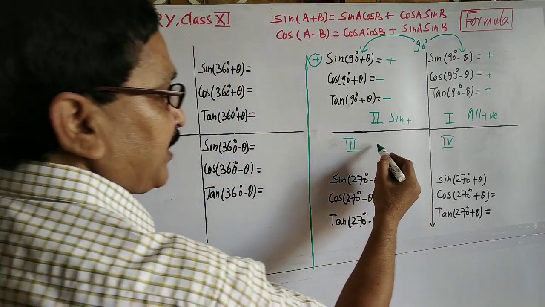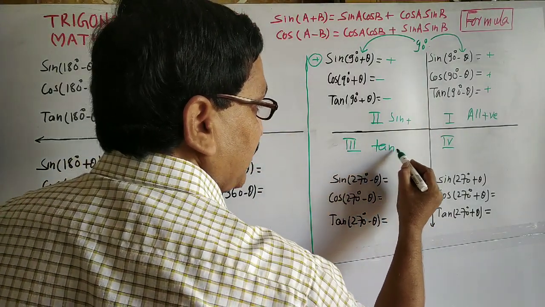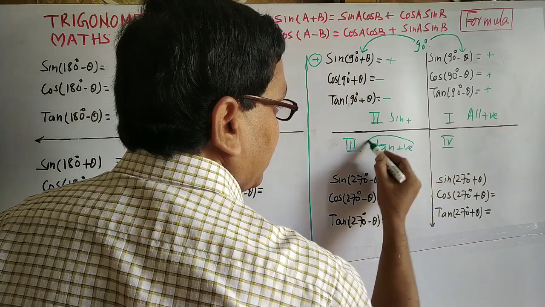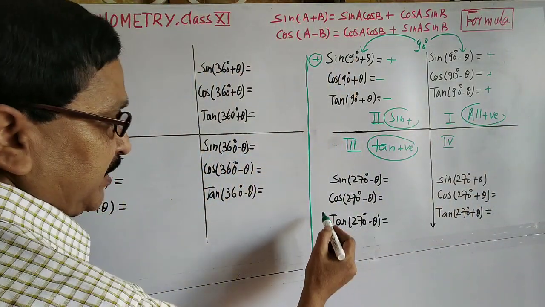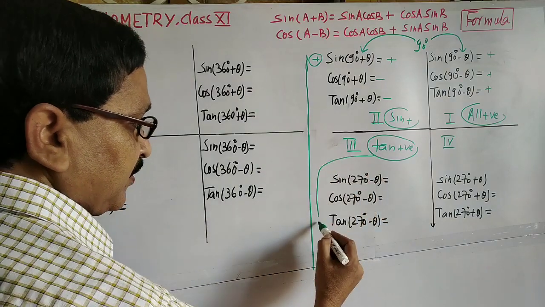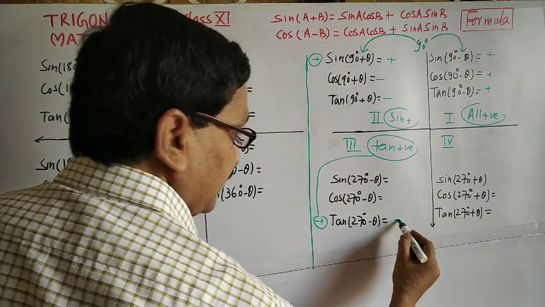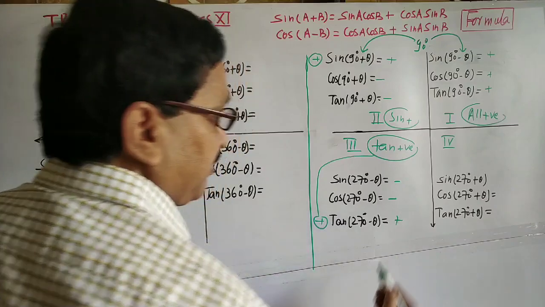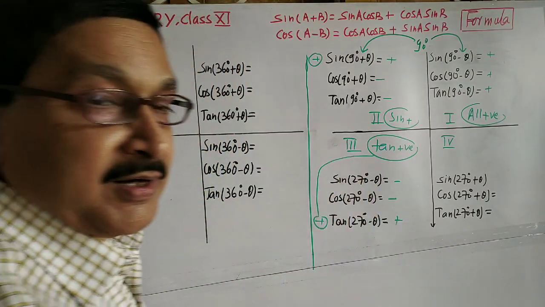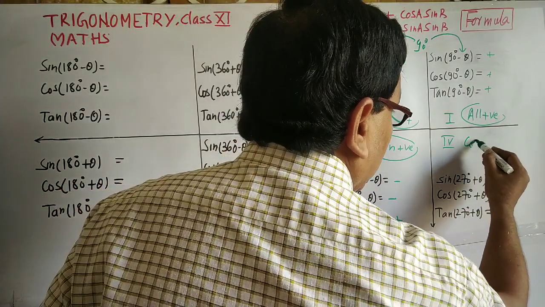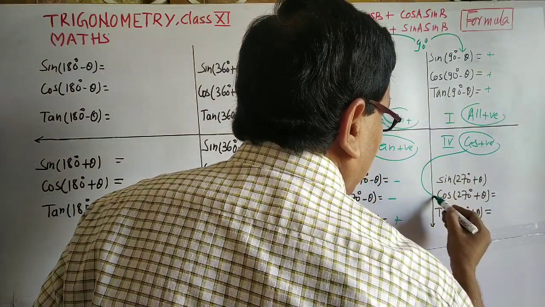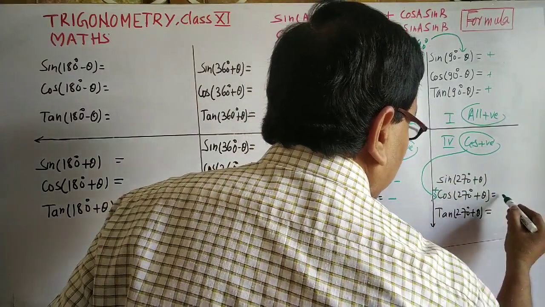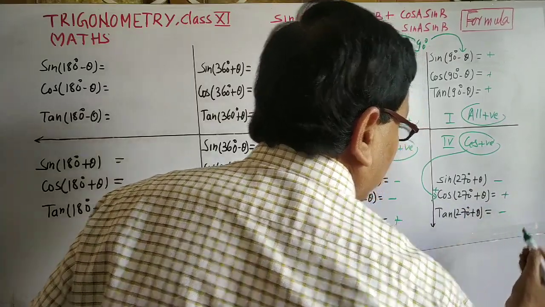Now in third quadrant, tan is positive, others will be negative. Now in fourth quadrant, cos is positive. So this cos will be positive and other values will be negative.